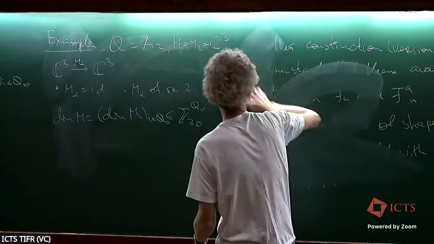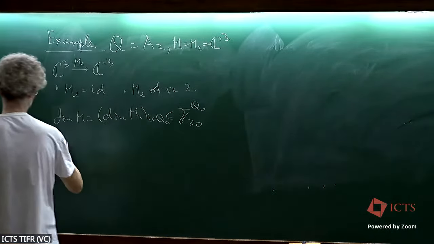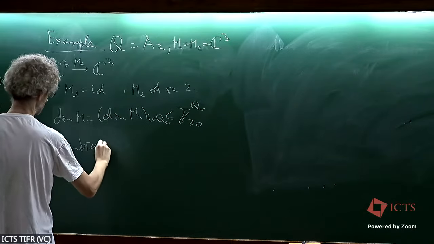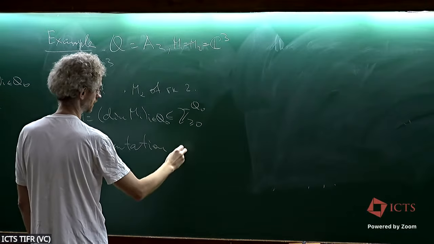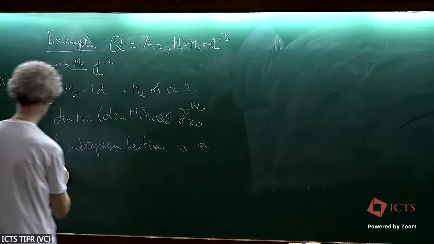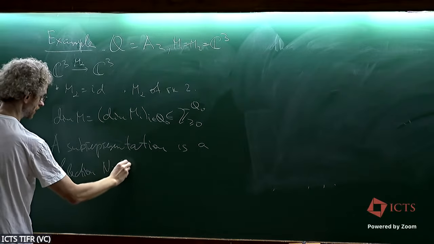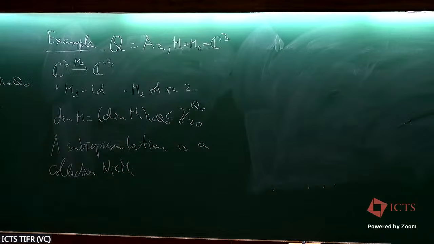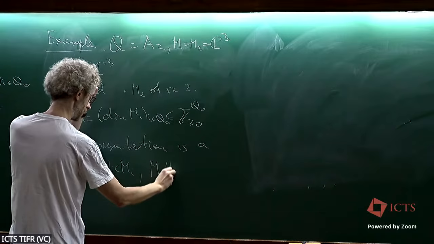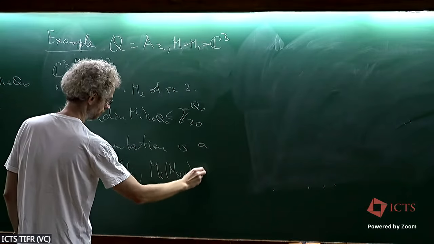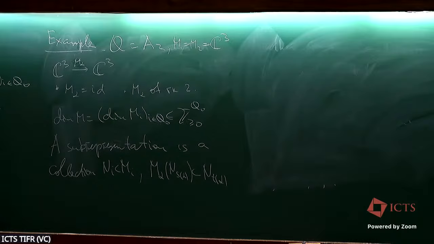A sub-representation is a collection of subspaces Ni inside Mi for each vertex I, such that if you take M alpha and apply it to N at the source of alpha, you arrive at a vector in N at the target of alpha. This is the simplest thing you can imagine.